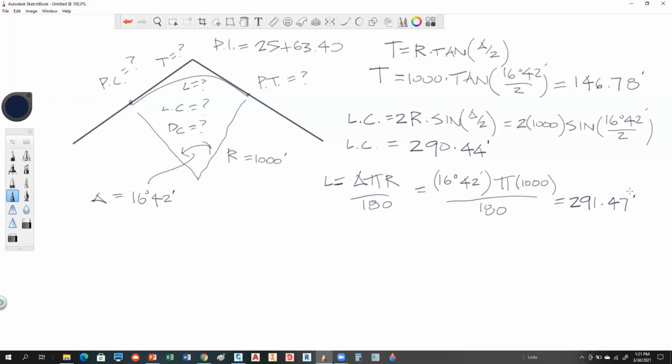What do we notice? Between the long chord and the length of arc, what do we see? Very, very close. Well, they're close. But what's happening? The length of arc is always greater than the chord length. It has to be always greater.